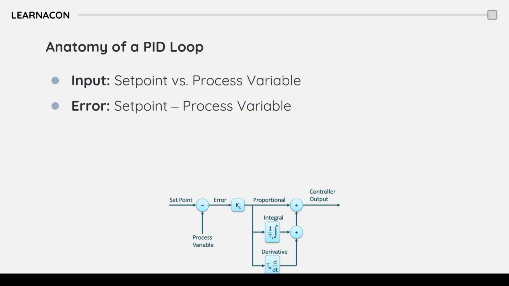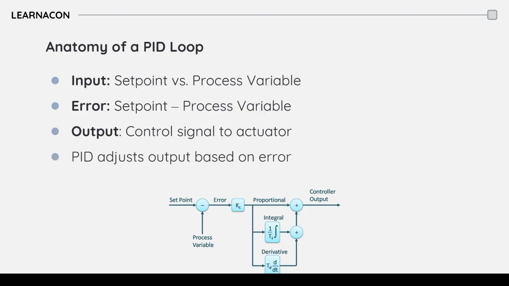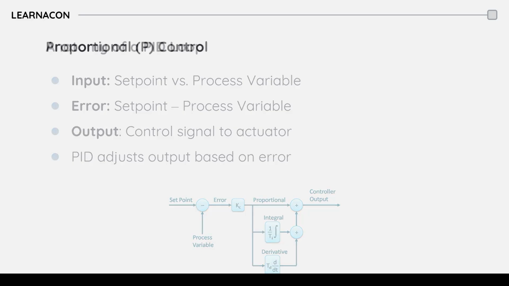It then sends a signal to an actuator, like a valve or motor, to adjust the system. In simple words, it compares what we want with what we've got by calculating the error and uses three strategies, P, I, and D, to fix it. Next, we will have a closer look at each of these three elements.